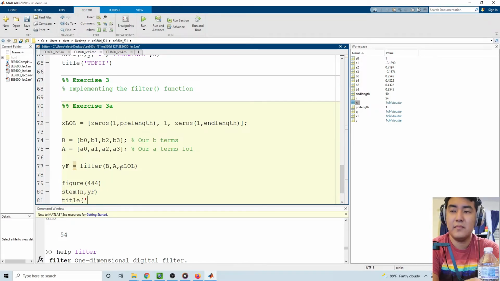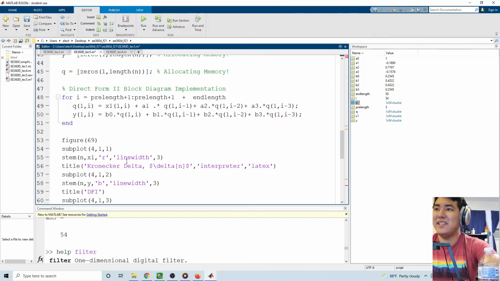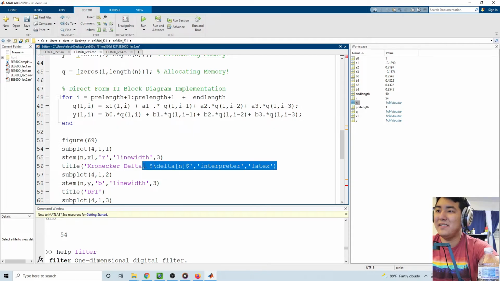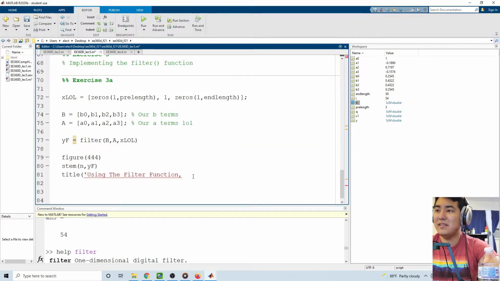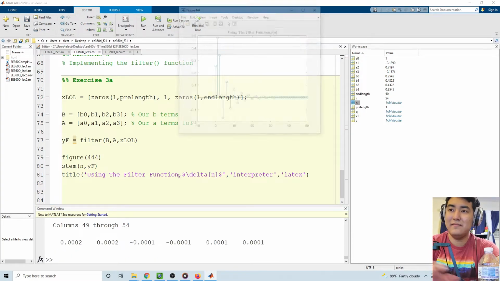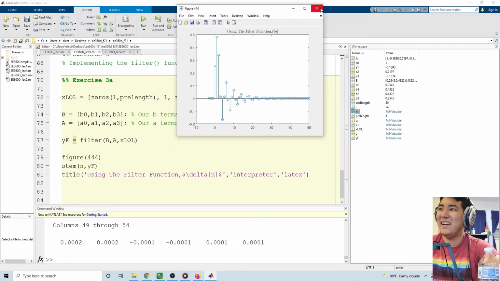Title: using the filter function. And then too lazy. There you go.